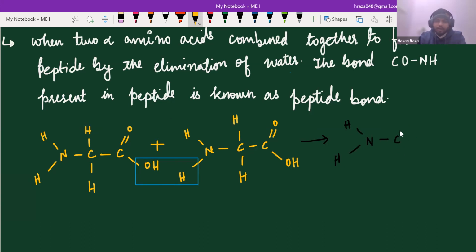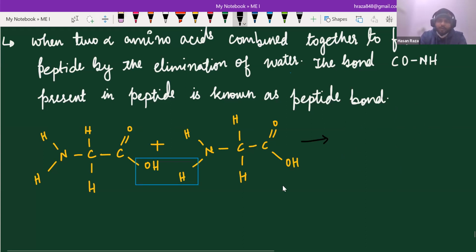So it will be like this: C double bond O, and then comes C, and then there is H, then H, and then C double bond O. It will not be completed in this line, so I'm going to write it on the bottom.